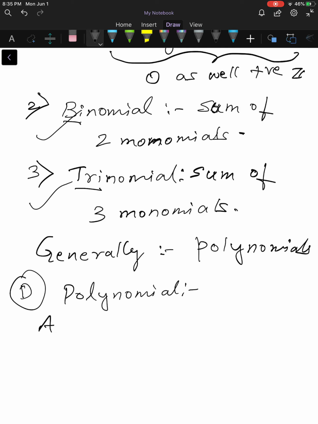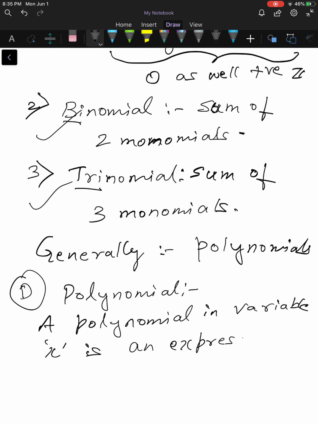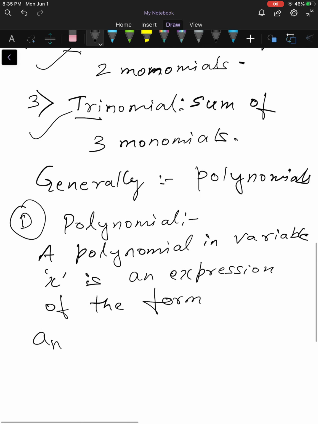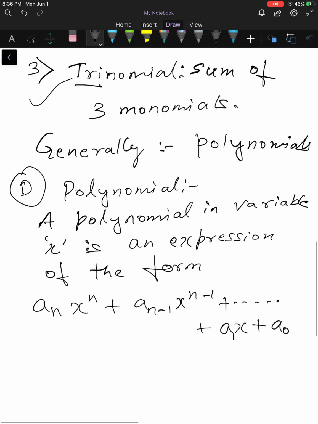A polynomial in variable x is an expression of the form, this is the general form, a_n x^n plus a_(n-1) x^(n-1) plus and so on plus a_1 x plus a_0. That a_0 is the same.